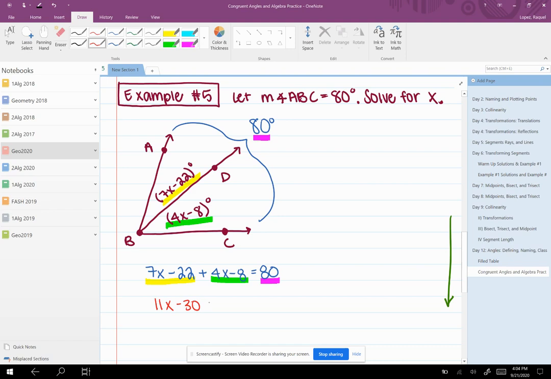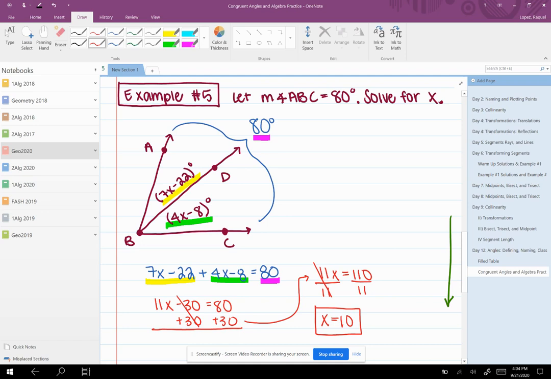So I have 11x minus 30 equals 80. To start undoing, I want to add 30 to both sides. So that cancels out, and I've got 11x equals 110. To undo the 11, I'm going to divide both sides by 11. And I'm left with x equals 10. And I've solved for x.